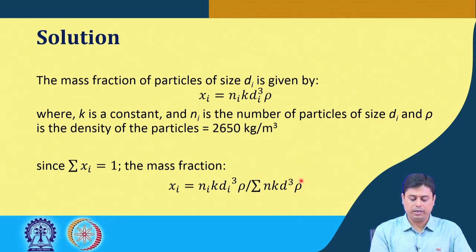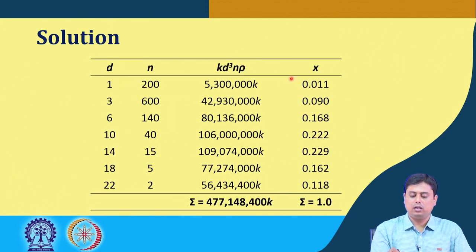So, this denominator is then taken into account while calculating the first value of x. This x comes as this value divided by this value. It gives the fraction of this first component. So, once we calculate this third column, we sum it up, we have the total, which will be the denominator, and this as the numerator, we find this x value.